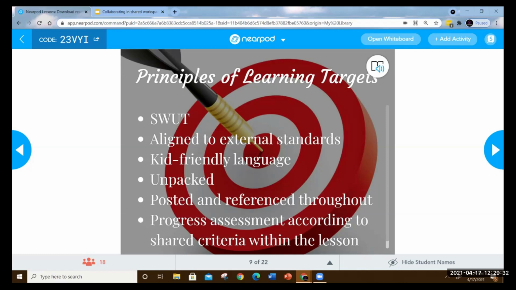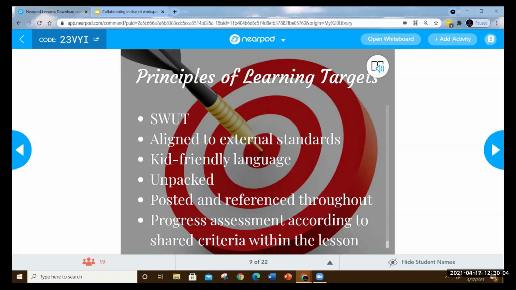So there is no question in their mind about where are we going, how are we going to get there, and what do I, as a student, have to give you or do to be successful? And how do I show you I understand? We unpack all of those things. Unpacking is the most important thing about the learning target, second to writing a good one.